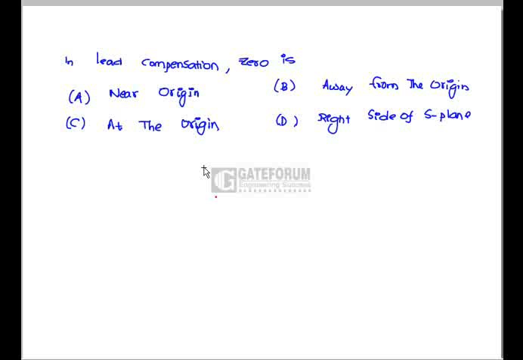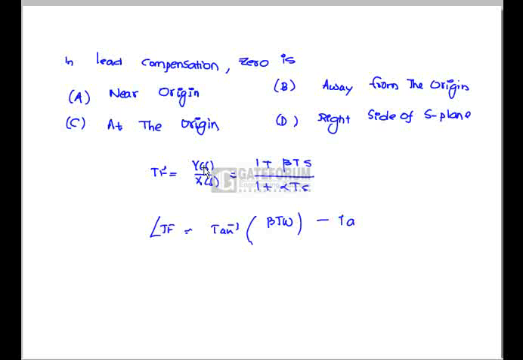In lead compensation, the zero is. If we go for the explanation, if we calculate the transfer function, suppose y of s by x of s of a lead compensator, we can write it as beta ts by 1 plus alpha ts. The angle of the transfer function is tan inverse of beta t omega minus tan inverse of alpha t omega.